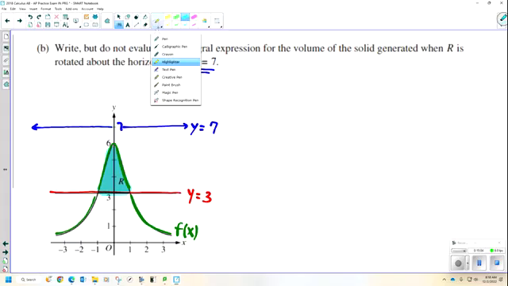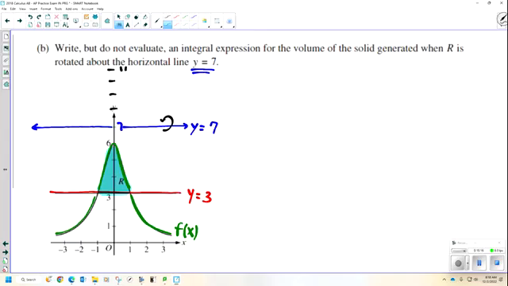Meaning, okay, I'm rotating around y equals 7. Which means y equals 3, that's 4 away, so it's 8, 9, 10, 11. If I were to continue this, this y equals 3 would rotate and go, I'll do that in gray because it looks like kind of like a shadow.